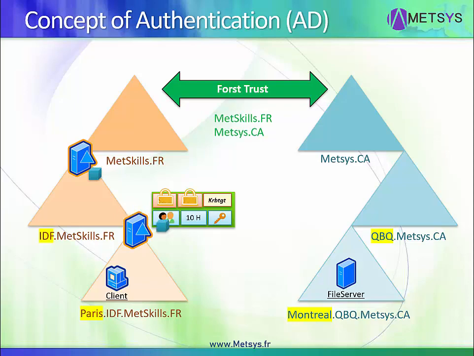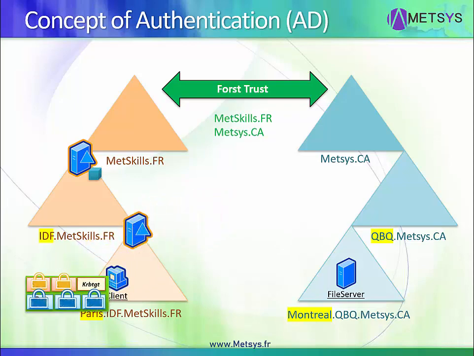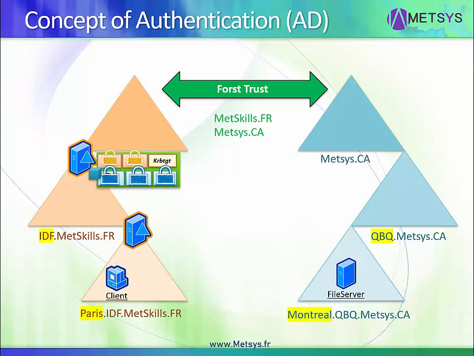So this object will contain a master key, and this master key will be used in order to encrypt the TGT. Once it is done, the packet is ready. This packet is called the krbtgs reply. The packet will be sent back to the client, and then the client will resend it to the parent domain.